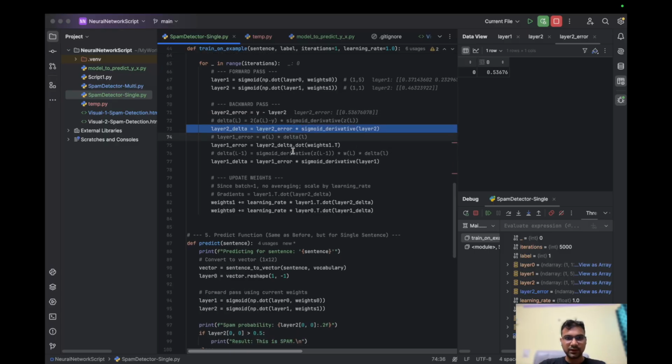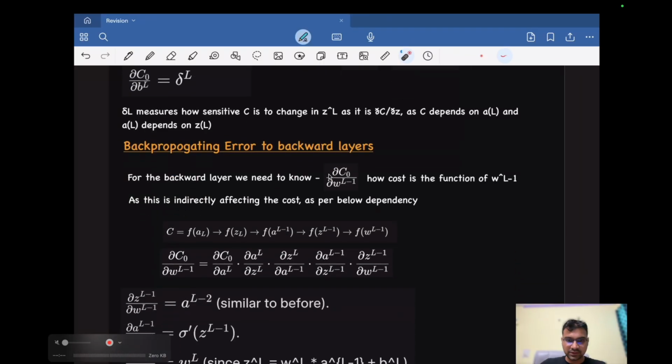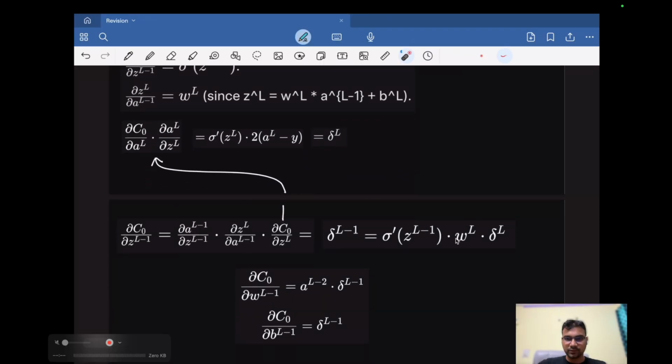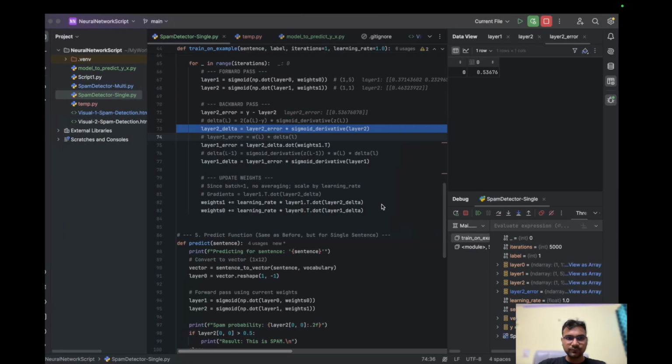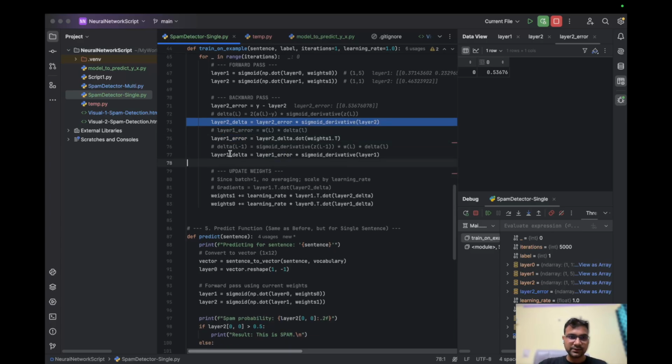After that, we multiply by the weight in the next part, which we see over here. This is the weight. Now, to calculate the delta of the previous layer, this is called layer error, well, we can call it anything. This is the layer delta of the previous layer. So this is layer 1 error into the sigmoid derivative. This is the whole term.